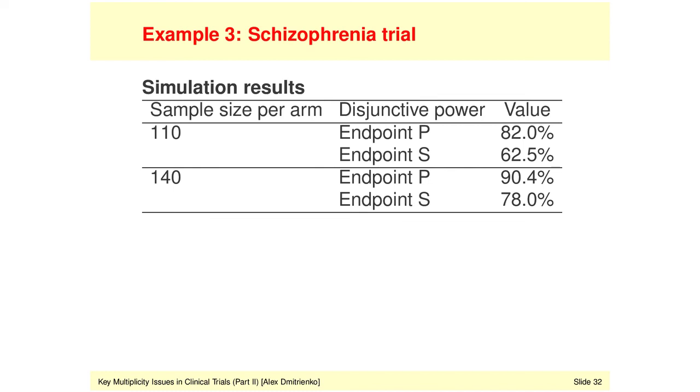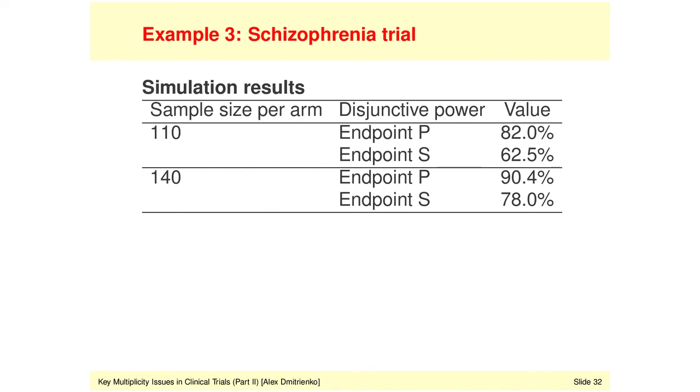We can see here that with the sample size of 110 patients per arm, disjunctive power, or the probability of success on at least one dose, is equal to roughly 82%. And if we increase the sample size per arm to 140 patients, the probability of success based on the primary endpoint is going to be roughly 90%.